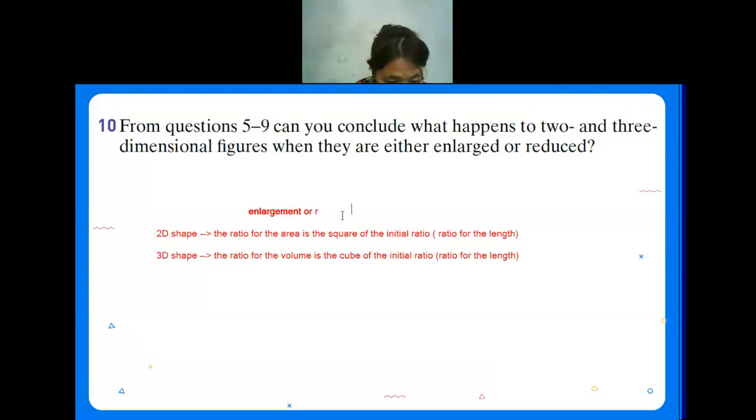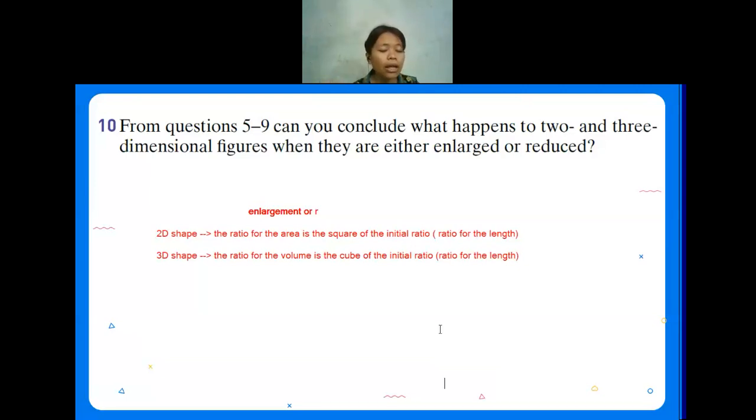Is there anyone having any question? It is not only a multiple of a factor. Like at question 8, I disagree if you say it's a multiple. In question 8, the ratio is 3 to 1, but for the enlarged volume, it will be 9 to 1, not a multiple of 9.